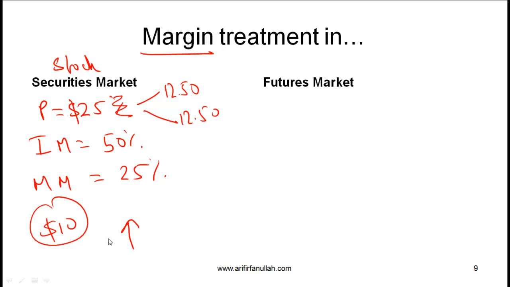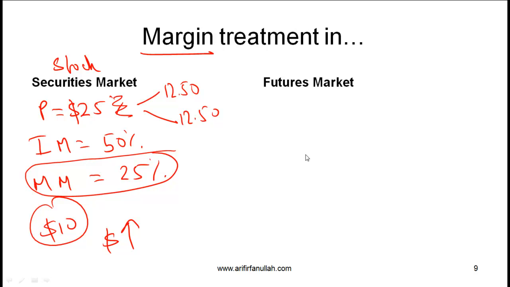So the amount of money that you put back into the account brings you back up to the maintenance margin level. So you need to have an equity of at least 25%. The core point here is when you add money after receiving a margin call, you need to come back up to 25% ownership. So essentially you need to come back up to the maintenance margin.